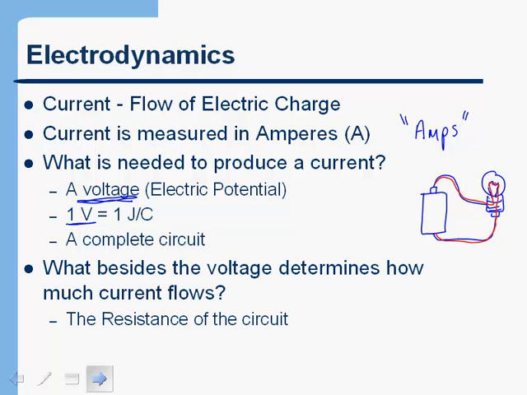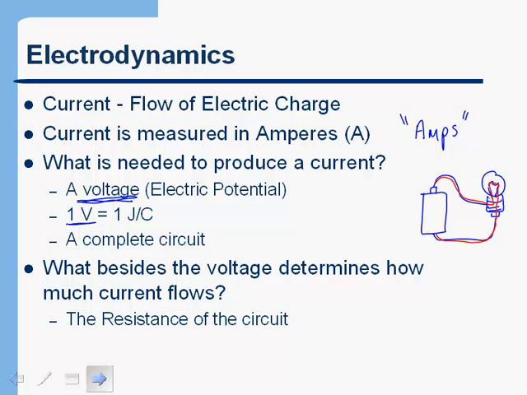Now, you can imagine that when I connect something to a battery or to the wall outlet, different types of devices will draw more or less current. In other words, if you plug a toaster into your wall outlet, it actually draws a lot of current. So does something like a hairdryer. But if you plug a radio into the wall outlet, it doesn't draw as much current.